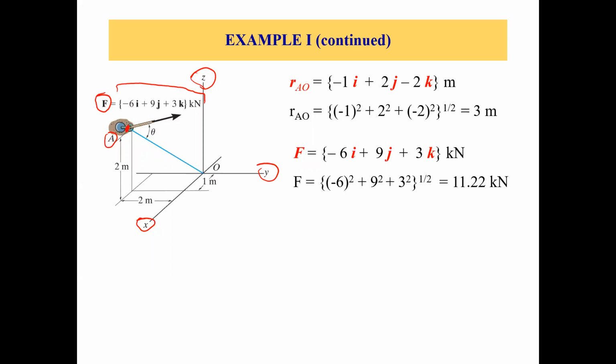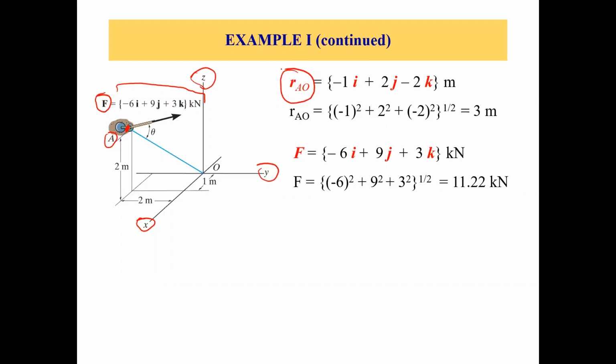To find angle theta, we need to find RAO, the position vector RAO. I think we have done enough practice on finding the position vector, and you'll do more practice in your homework. This is the same thing: finding the position vector, applying the tip minus tail rule.